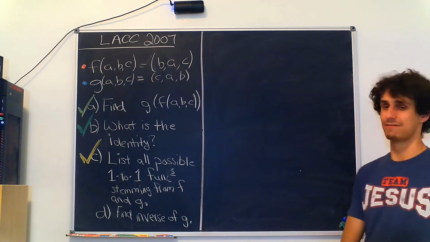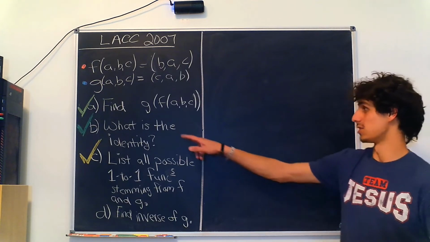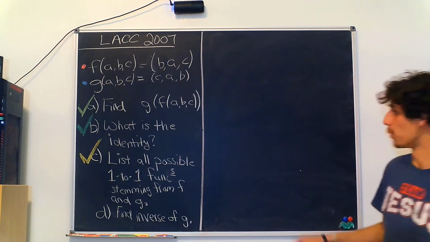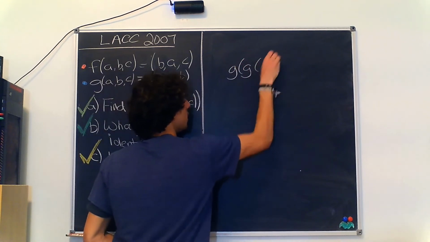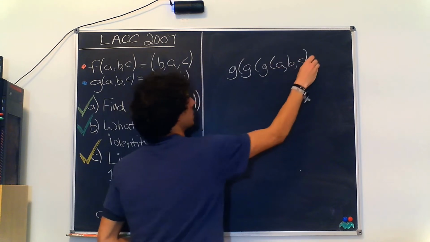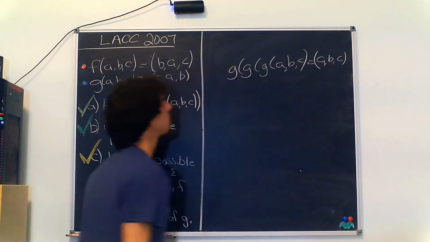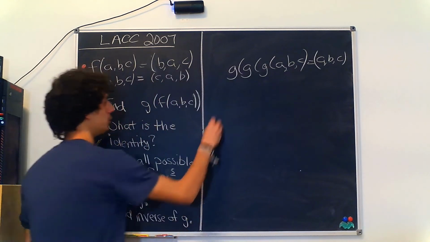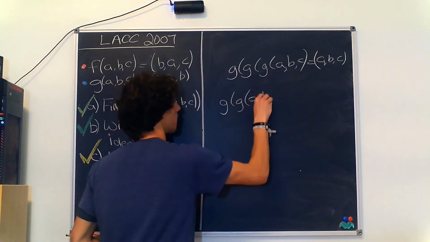And D tells us to find the inverse of G, but in a way we've already done that with this green check mark here, because we found that G of G of G of ABC is equal to ABC. But that means the inverse of G is just G applied twice.